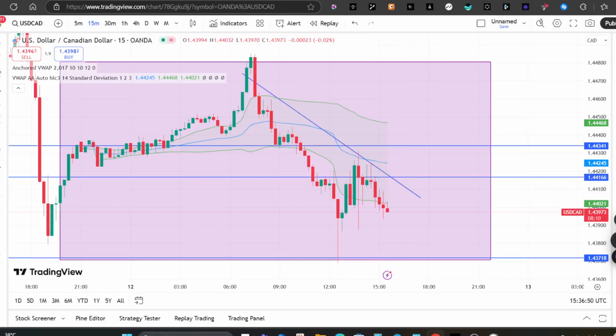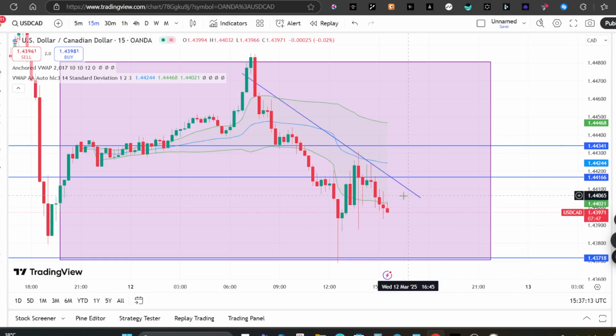Now, before you apply this strategy, here are a few key tips to make sure that you are using the anchored VWAP effectively. Always combine with other confluences. Okay, you can use anchored VWAP alongside support and resistance zones, trend lines, and other indicators like the RSI or MACD for better confirmation. Then ensure that you watch for price reactions.